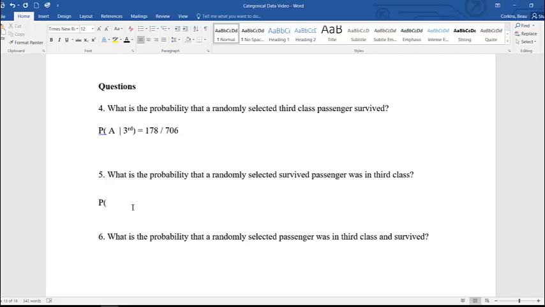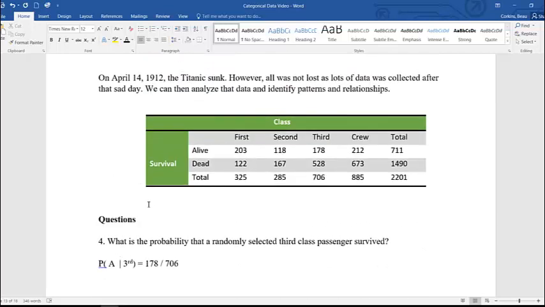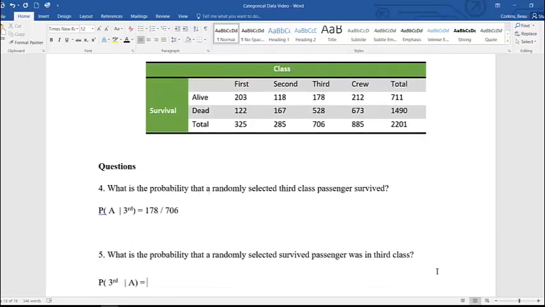I'm going to do that one again. What is the probability that a randomly selected survived passenger was in third class? Notice, survived passenger. That is a specific type of passenger. That means given the passenger is alive. All right, what's the chance they are then in third? So looking back at our chart, they are alive.